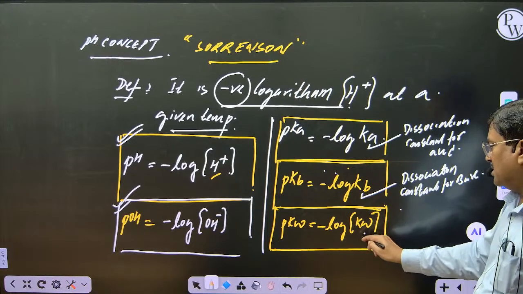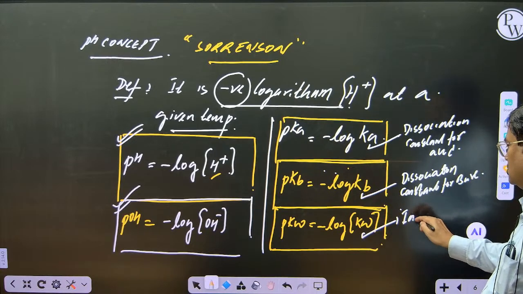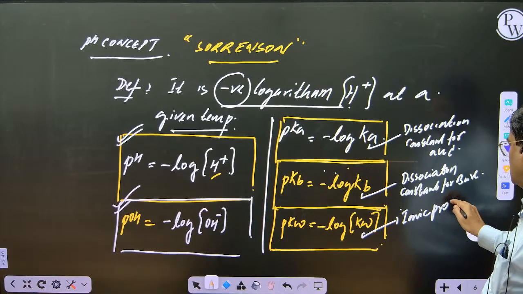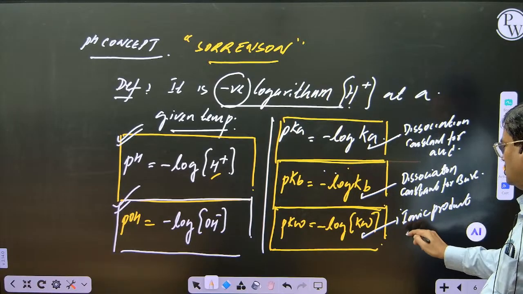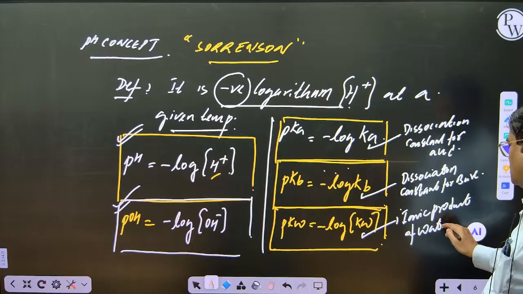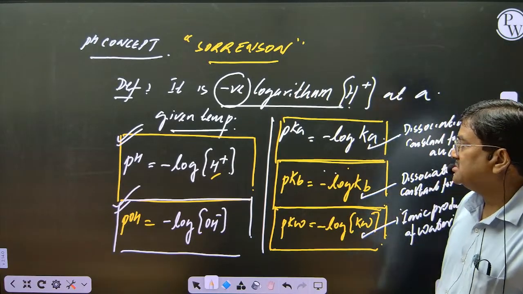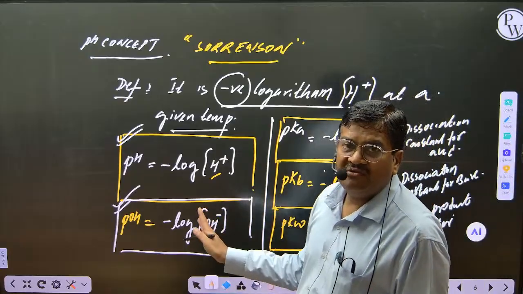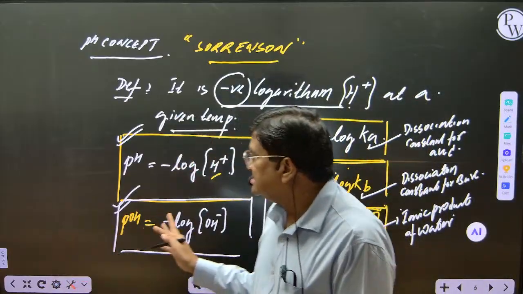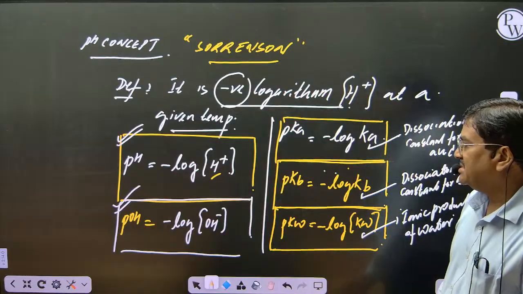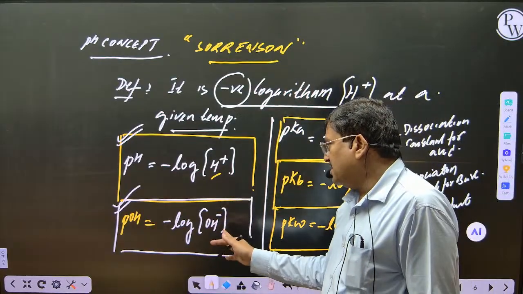What is Kw? Ionic product of water. Understood, students? Copied all of it? So pH is nothing but the negative logarithm of H plus ion concentration, but we can apply it for any constant.